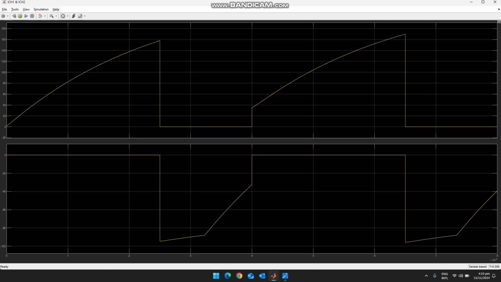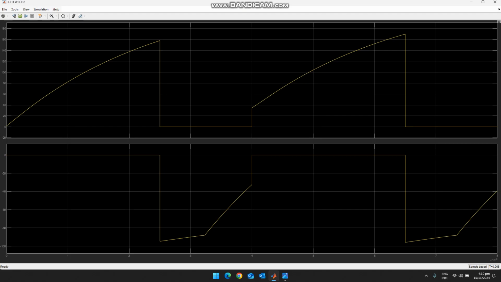You can see MOSFET 1 is conducting in this region, because at that time MOSFET 1 is on. On the other hand, MOSFET 2 is in off condition, and similarly MOSFET 2 is on in the negative direction, right? But MOSFET 1 is off in this region.